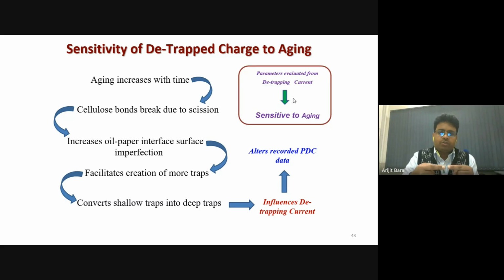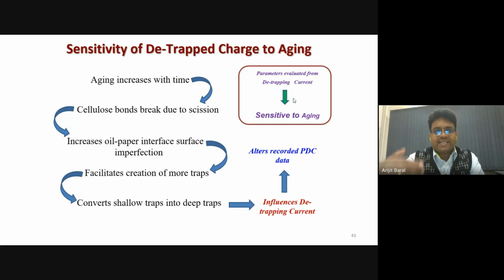Over time, due to heat and continuous operation, the bond between two monomers breaks away, and that reduces the DP value. But the site at which these two monomers were previously joined acts as a trap where these negative charges get attached.